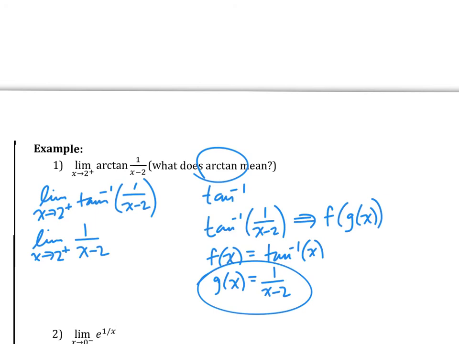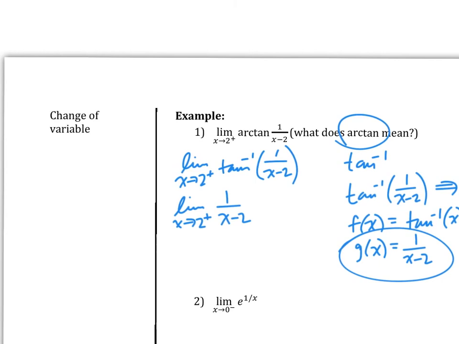Well, this is going to 2 plus, a number that's slightly bigger than 2, so maybe 2.01. So 1 over 2.01 minus 2 is 1 over 0.01, which is 100.